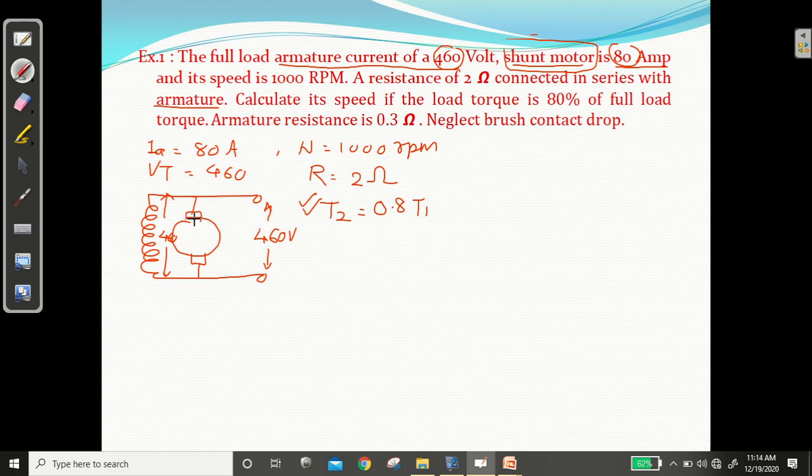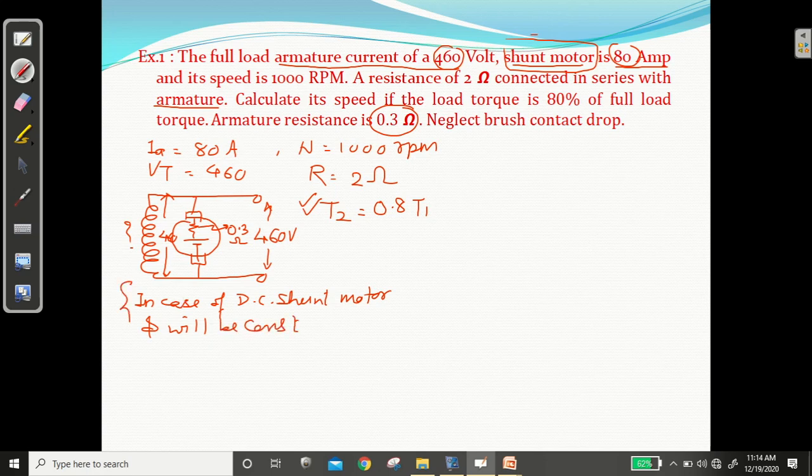The armature resistance is given as 0.3 ohm, and this is EB. The field resistance is not given, but I think it is not required, because in the case of a DC shunt motor you are not inserting anything in the field circuit, so the flux will be constant.